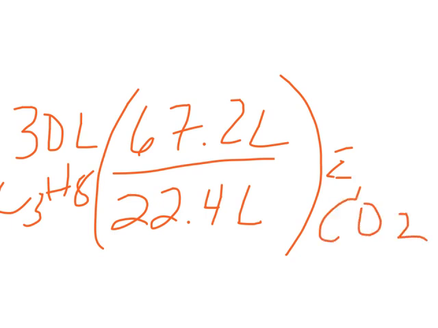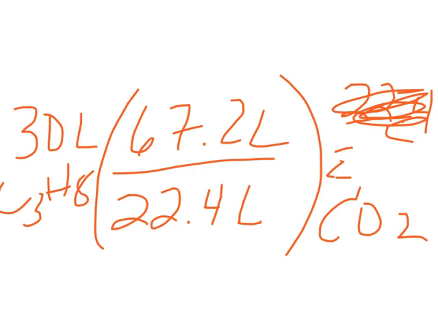I'll type this in the calculator. It's 30 multiplied by 67.2, then divided by 22.4, and I get 22.4. Oops, no, that's wrong. So if I do the math right, I get 90 liters of CO2.